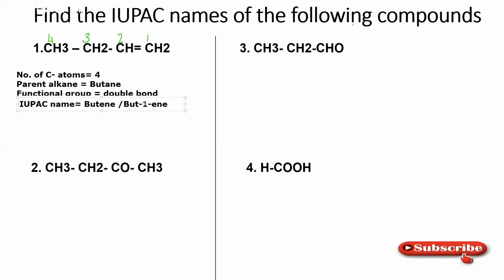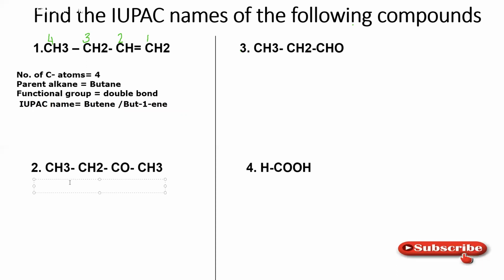That is compulsory. If the functional group is attached to the first carbon atom, it is not compulsory to mention the number. So we can write butene or but-1-ene. Understood?